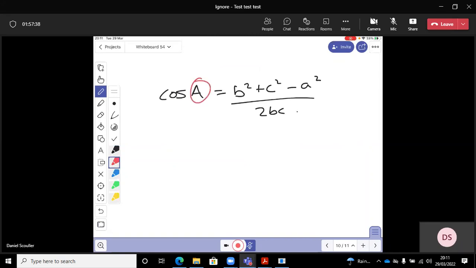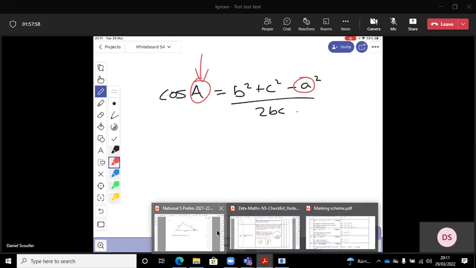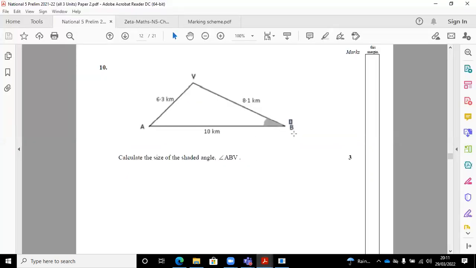This is the angle we are trying to find. This is its matching pair. Don't be put off by the lettering that they use in the question. In the question, you are looking for letter B. That threw too many people.